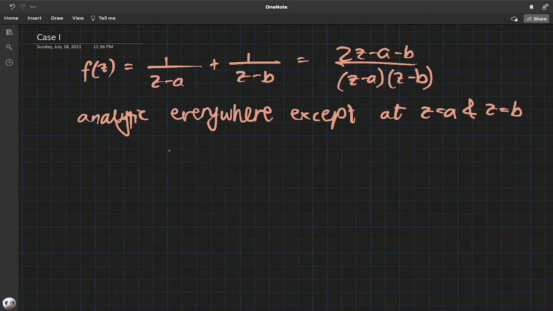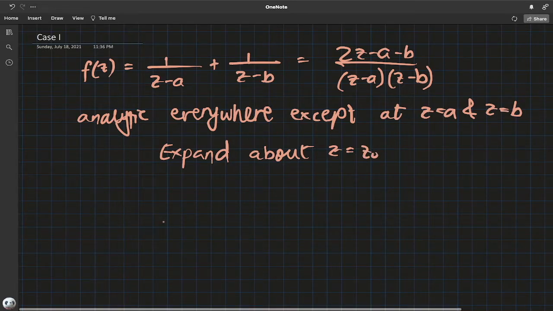Let's say we want to expand it about z equals z naught. So let's draw this diagram in the complex plane. Say we have z naught here at the center.